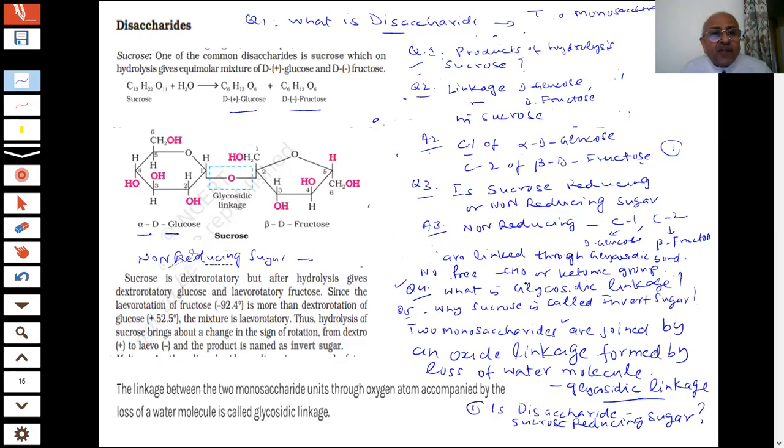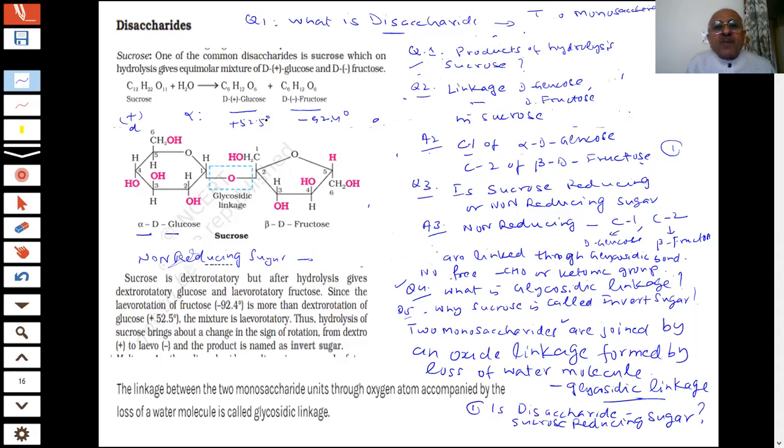The rotation of fructose is minus 92.4 degrees, and the rotation of glucose is plus 52.5 degrees. This was plus, meaning dextro, small d.